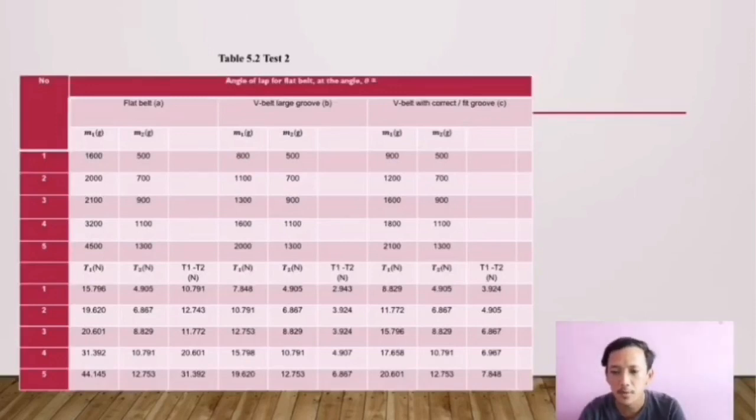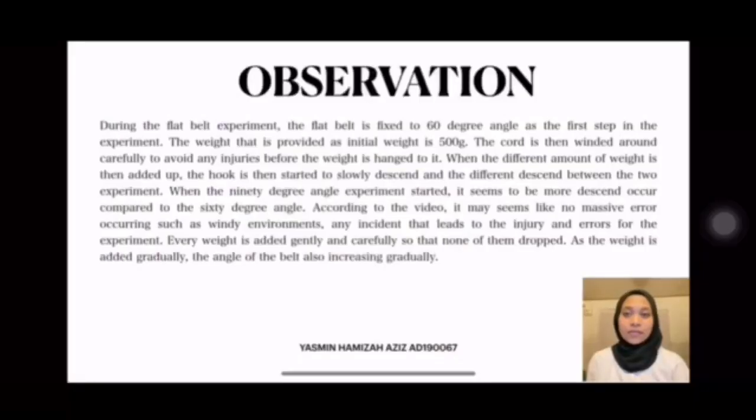The values of T1 and T2 were determined using the same formula as table 1. Then we calculate T1 minus T2, and the table was completed. During the flat belt experiment, the flat belt is fixed at a 60-degree angle.